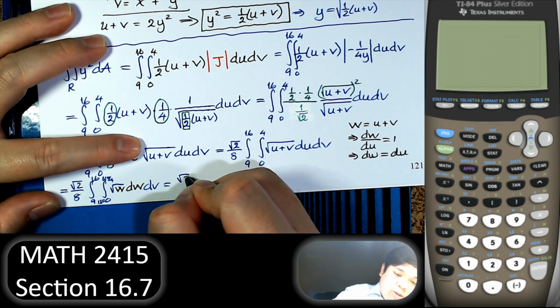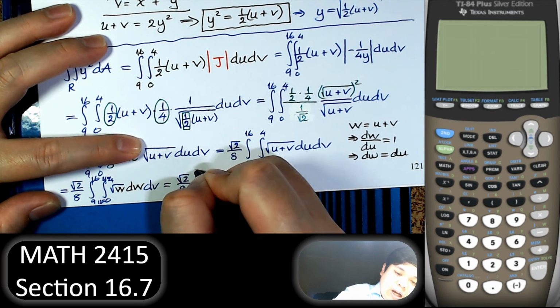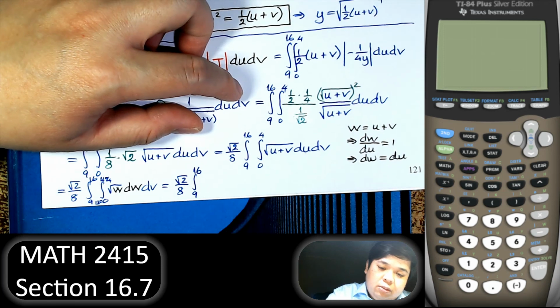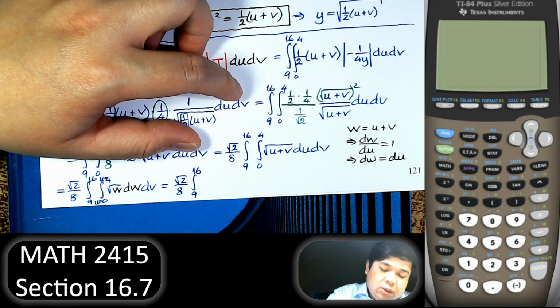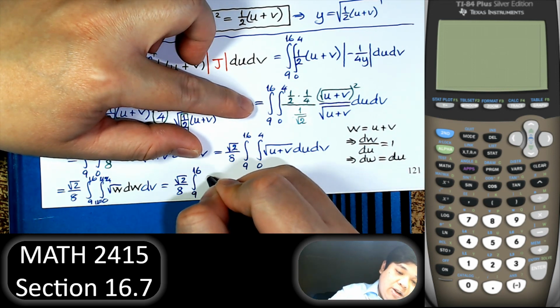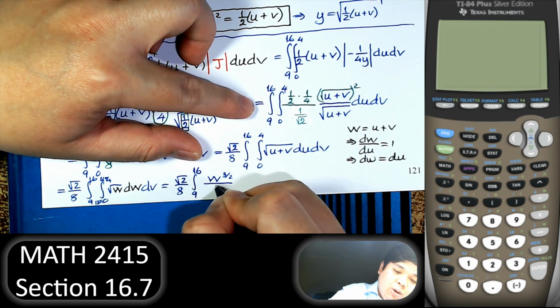So I have square root of 2 over 8, 9 to 16, square root of w, integral of that, I'll skip a step, say w to the 3/2 over 3/2.